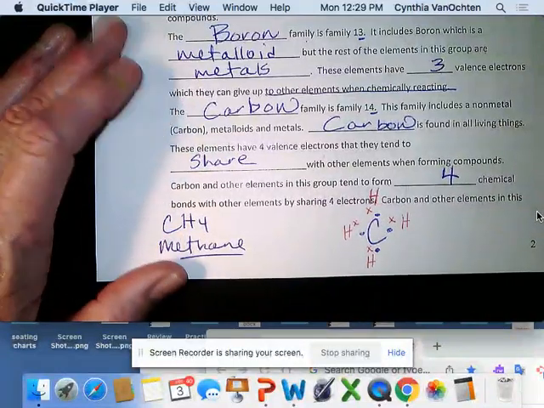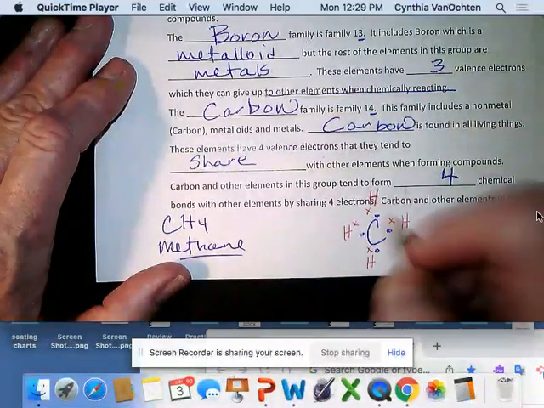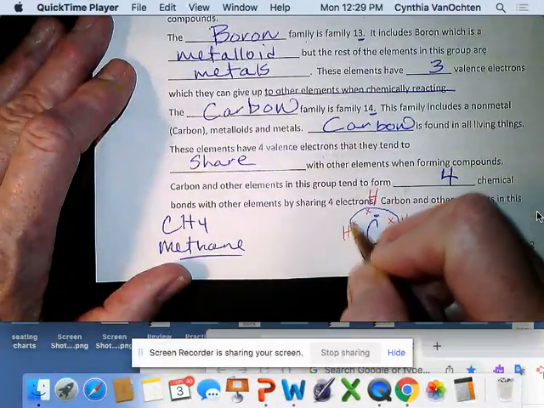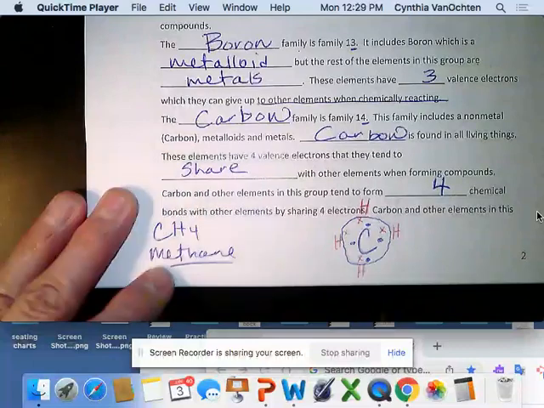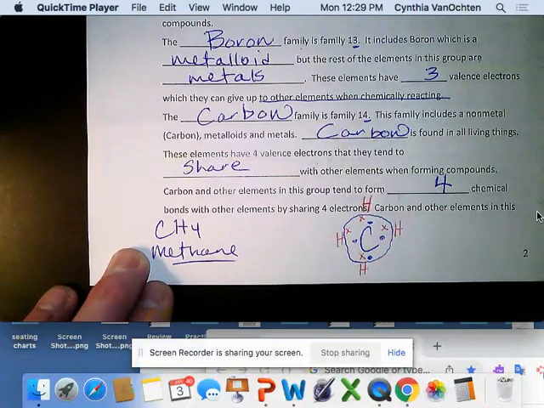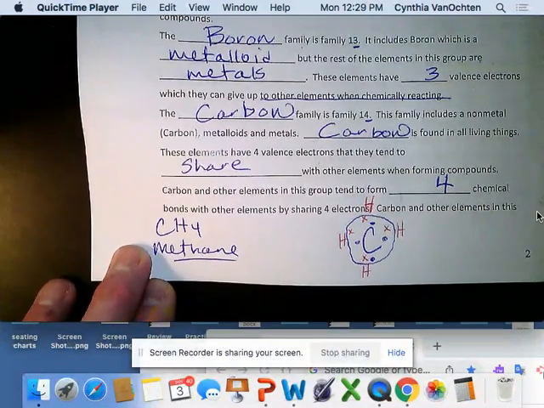So I want to show you why this compound works. When carbon shares with hydrogen and it hogs all the electrons, carbon now has 1, 2, 3, 4, 5, 6, 7, 8. The reason, Connor, atoms chemically bond with each other is to get that full valence shell, or a shell that has 8 electrons, okay?